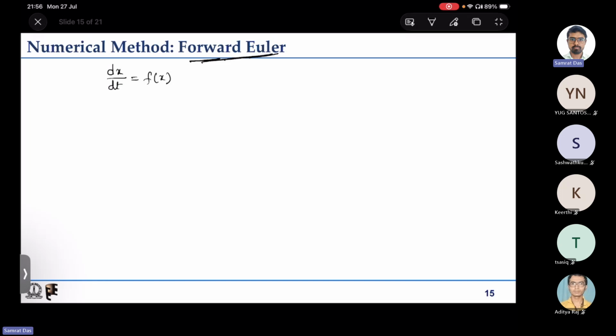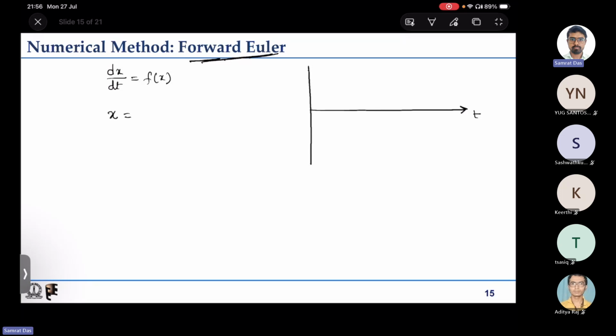So here let us first try to see this graphically. So this is time. So dx/dt equal to f(x).